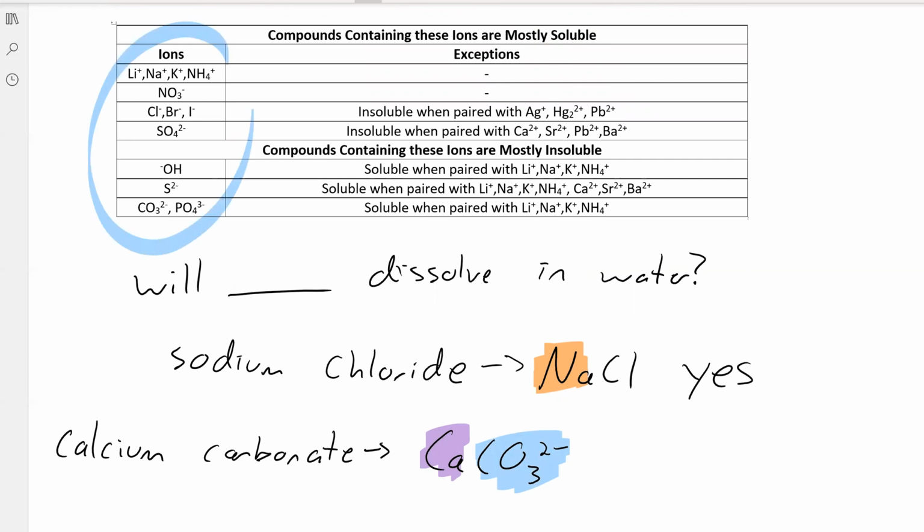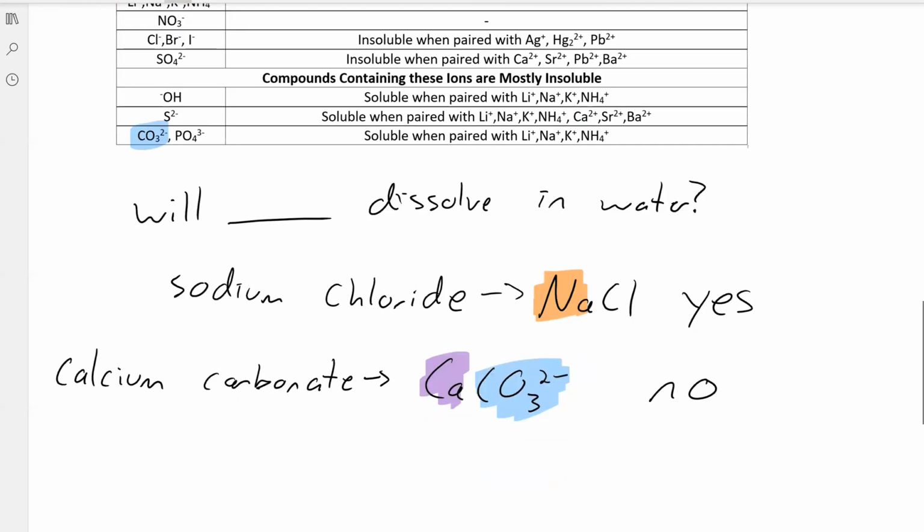I check out my ions here, and then I see CO3 2- right there. Note that it's in the mostly insoluble side. So it's insoluble unless it's paired with lithium, sodium, potassium, or ammonium. Calcium is not any of those things. So in this case, it will not dissolve because we're in the mostly insoluble side. So will it dissolve? No, it will not dissolve in water.